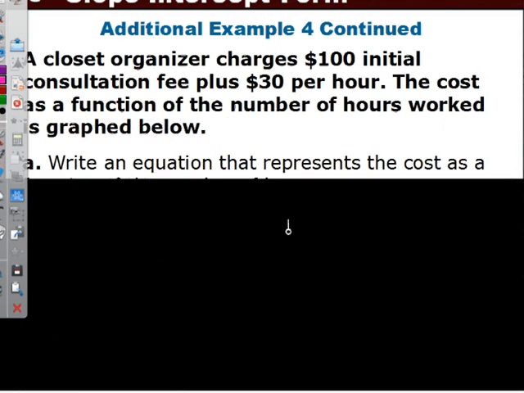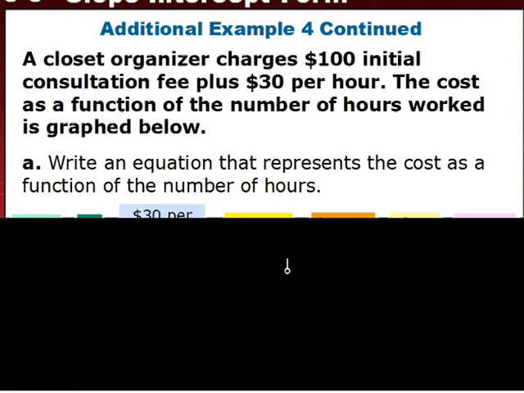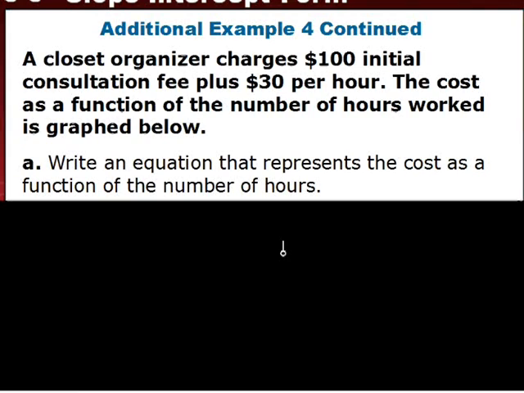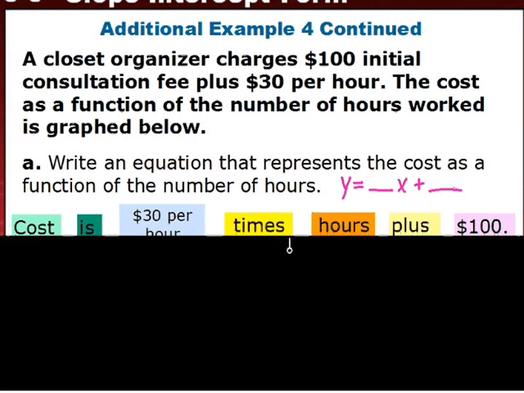All right. The first part is write an equation that represents the cost as a function of the number of hours. Okay, so we're looking for y equals something x plus something, because we're going to do it in slope-intercept form. And we know what we have to add on. That's the 100 that we started with, right?